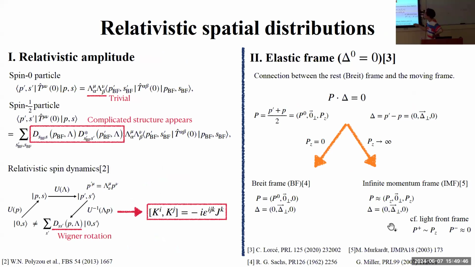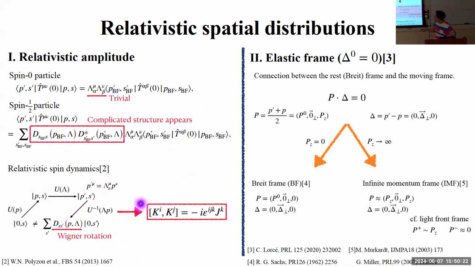So we consider the relativistic amplitude. For a spin-zero particle, the Lorentz transformation of the amplitude is rather trivial, as you can see. On the other hand, for higher spin cases, such as spin one-half, a complicated structure appears. We have to understand relativistic spin dynamics. Let me start with an initial state with zero momentum. We act with a Lorentz boost, so we can get the P prime S prime state.